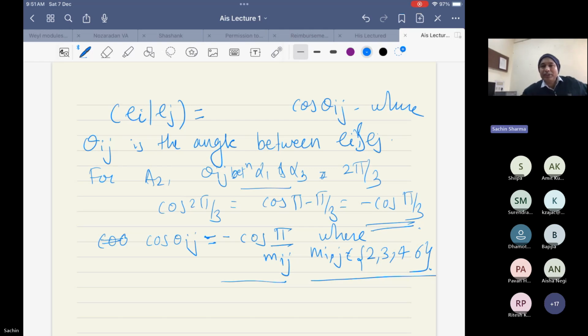In case you have a question, please ask right away. Whether that Cartan matrix is positive definite, given it's not a symmetric one?